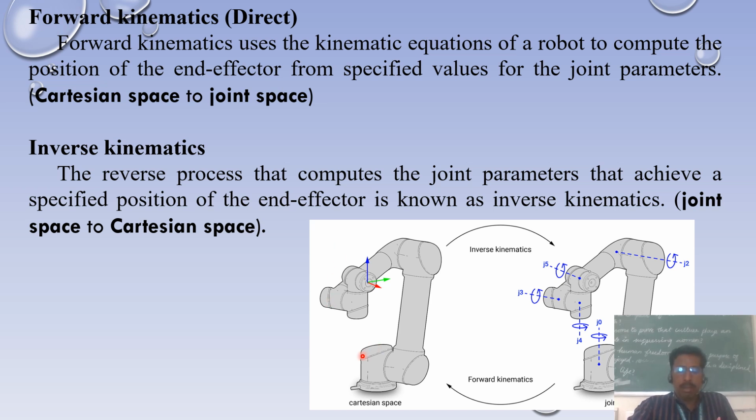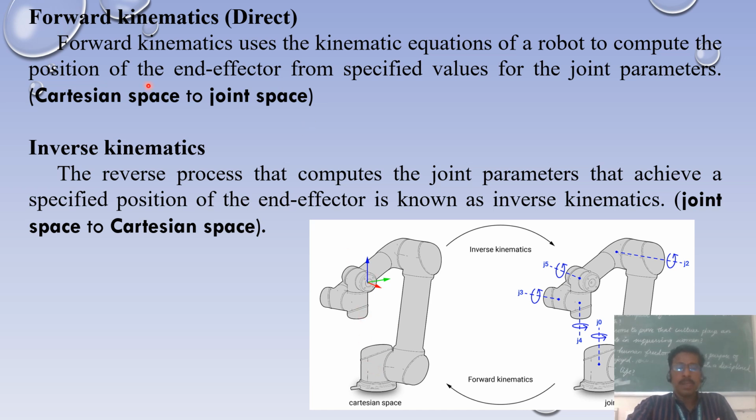Here you can see that there is an end effector and the Cartesian space available. So how far it rotates and how far the end effector reaches the particular objects will be explained through this position.